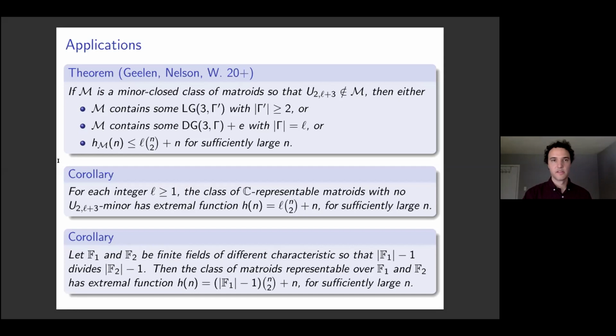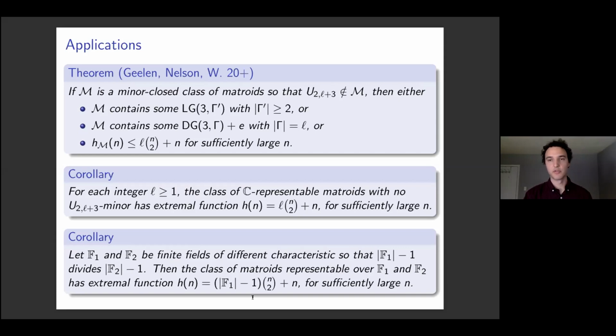And this follows from our exact theorem for the same reason. These first two outcomes are not representable over fields of different characteristic, as we saw on the previous slide. Therefore, this theorem gives us an upper bound. And again, it turns out that Dowling geometries over the multiplicative group of F1 meet that upper bound.